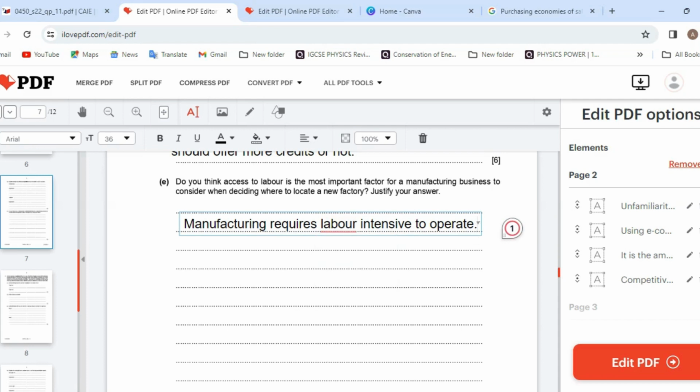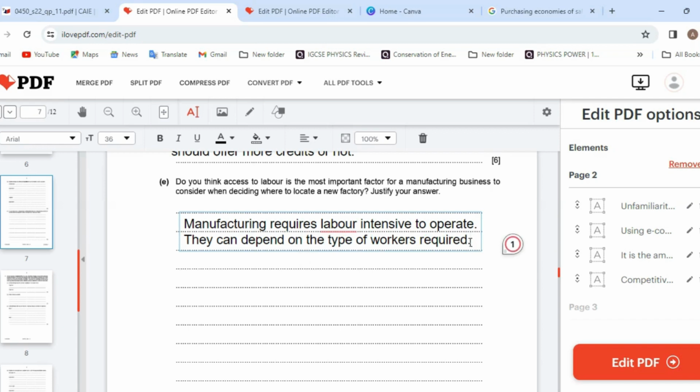Also, it can depend on the type of workers required, whether they are skilled or unskilled. Skilled workers may not be easy to find.